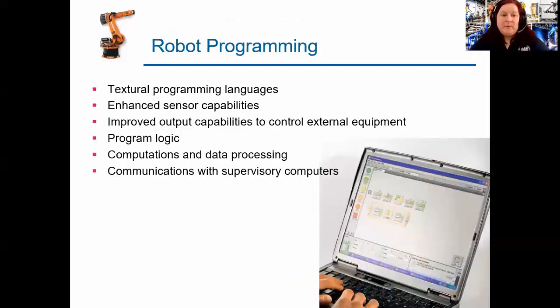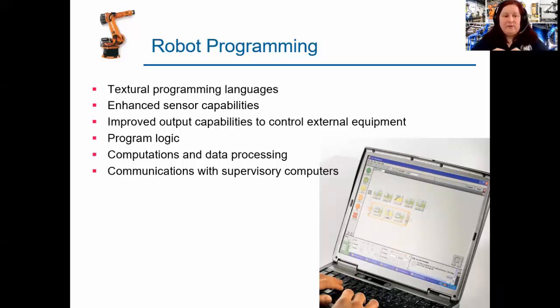In terms of robot programming, there are various textual programming languages. Many of them can also have in-chase sensor capabilities, and depending on what kind of sensor you integrated, they can also have output capabilities to control external equipment and enable the Internet of Things approach.